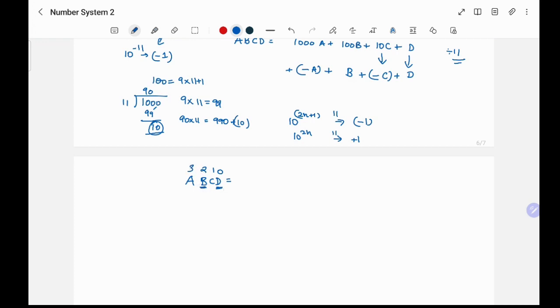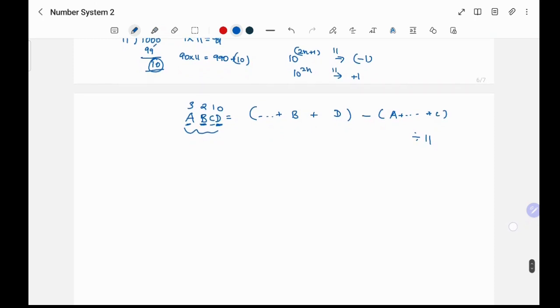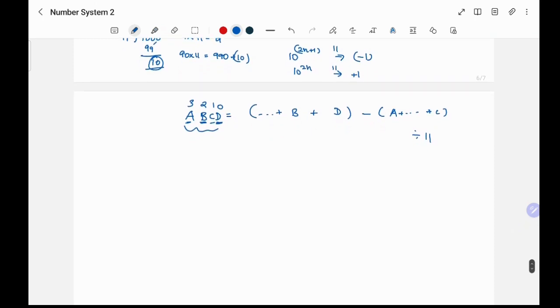So all even place numbers, D, B, add all of these numbers and subtract it with the sum of the odd place numbers. Okay. So this is the rule, and if this equivalent is divisible by 11, then the original number itself is divisible by 11. That is the rule for 11.